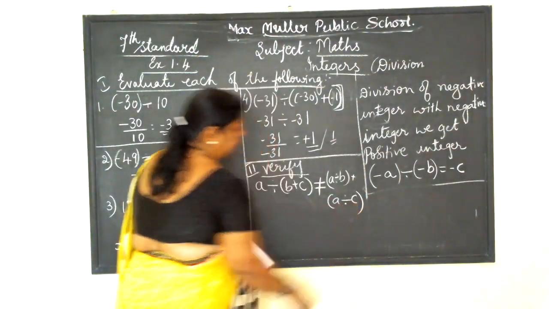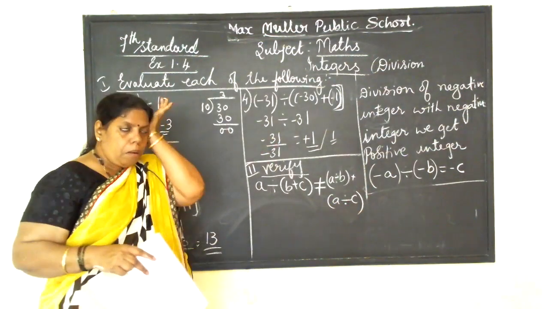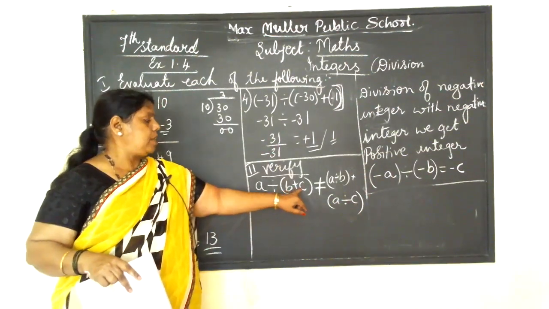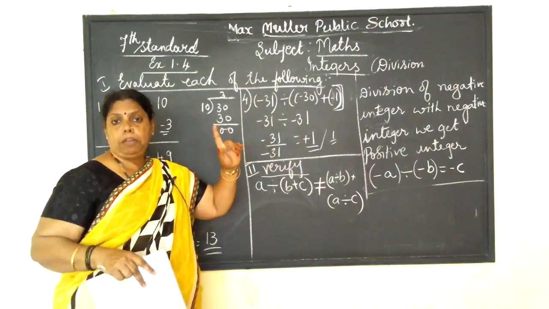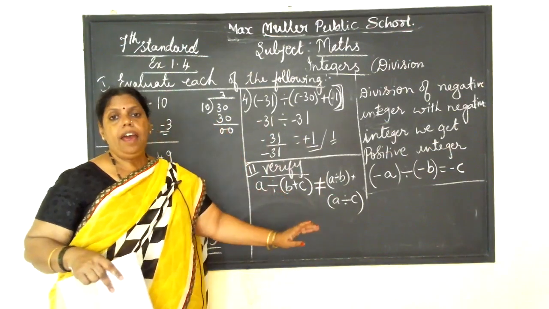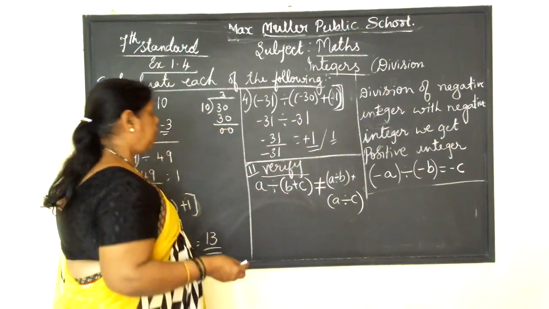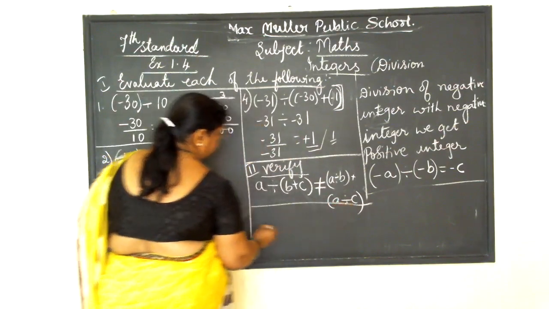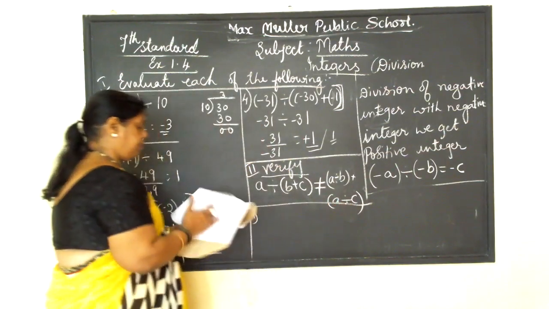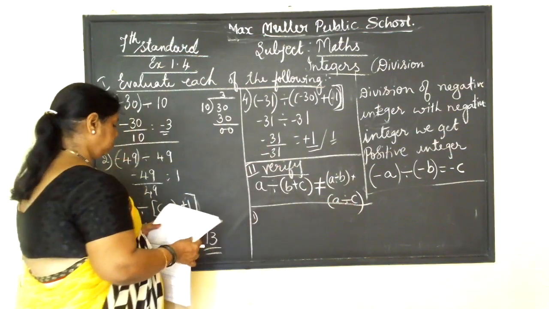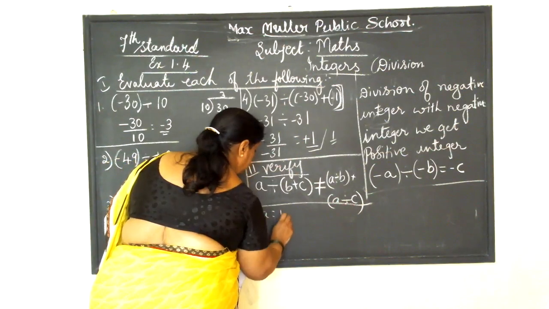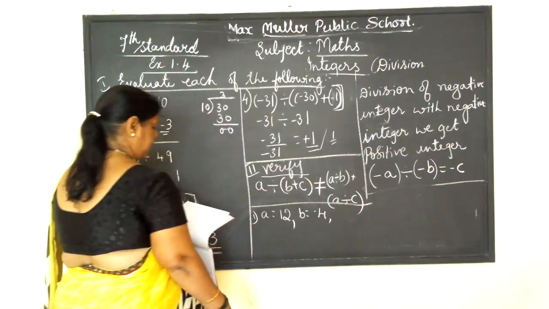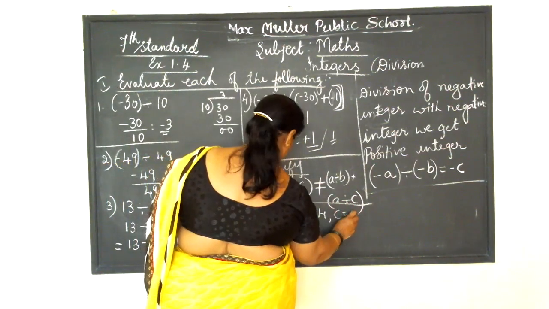In multiplication I have taught you that A times B plus C was equal there. In the multiplication it was equal, but here it is not equal. We have to verify this one. First one, A is equal to 12, B is equal to minus 4 and C is equal to 2.